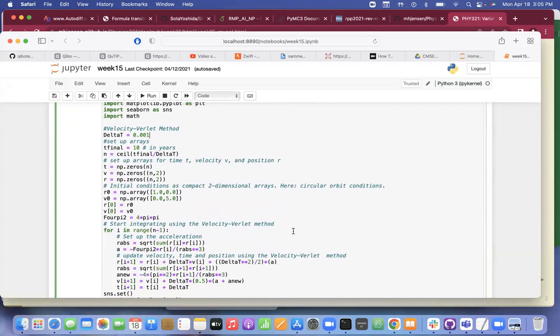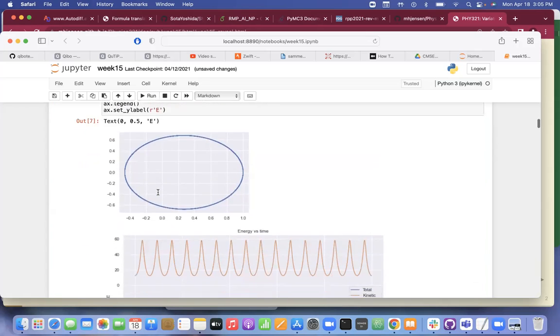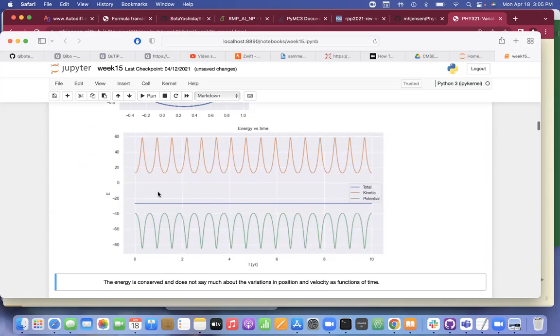And then we got an elliptical orbit, and we saw that the total energy is conserved, whereas the kinetic energy and the potential energy fluctuate because the radius itself oscillates between a minimum and a maximum value.